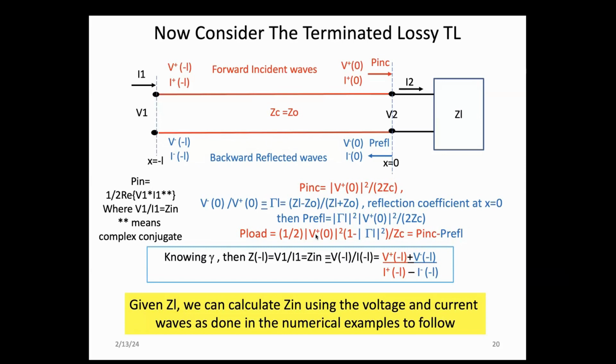So if we have an incident power in terms of the forward traveling voltage and current waves at this particular interface, we can calculate what goes into the load.